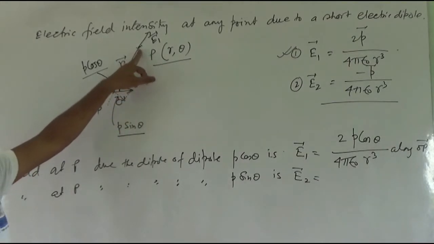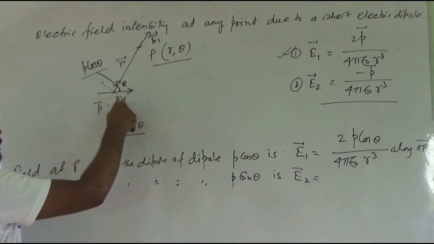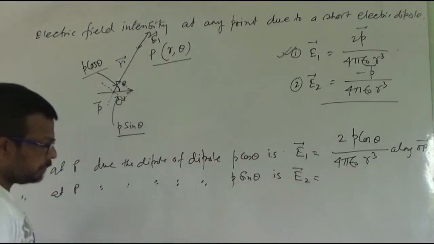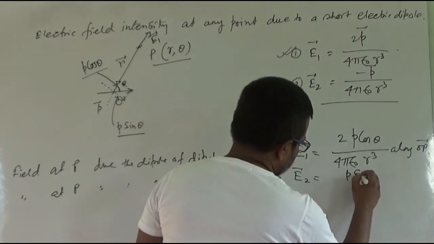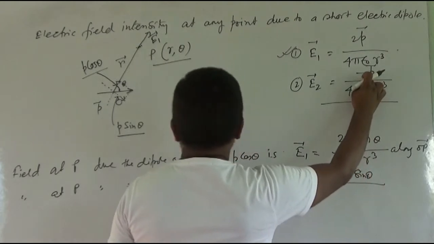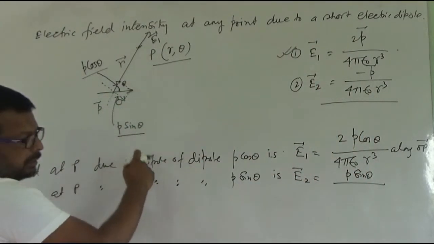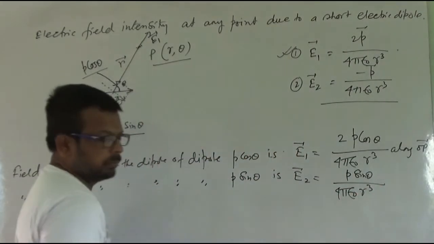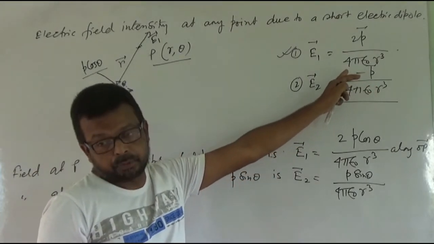That means this point is on the equatorial plane of the dipole which has the dipole moment p sin theta. That means you have to apply this result. So E2 will be equal to minus p sin theta, because p will be replaced by p sin theta here, divided by 4 pi epsilon naught r cube. Minus means what? Direction. Opposite to the dipole.